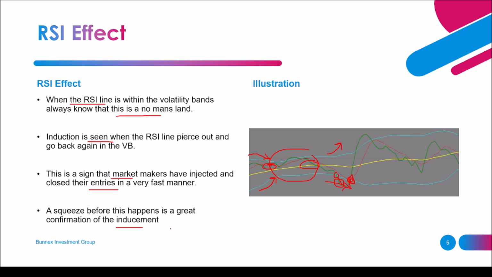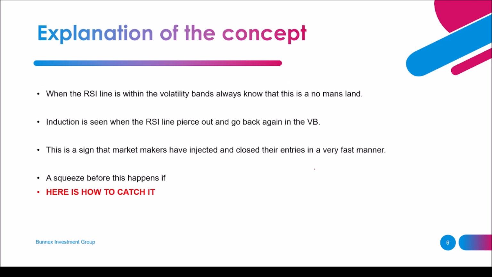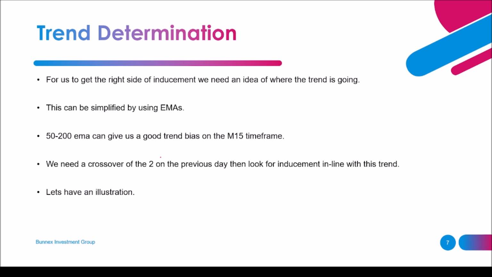So a squeeze before this inducement is a great sign or a great confirmation of inducement. So when the RSI line is within the volatility bands, always know that this is a no man's land, and the induction is seen when RSI goes outside the bands. This is a sign where market makers have injected and closed their positions in a very fast manner.